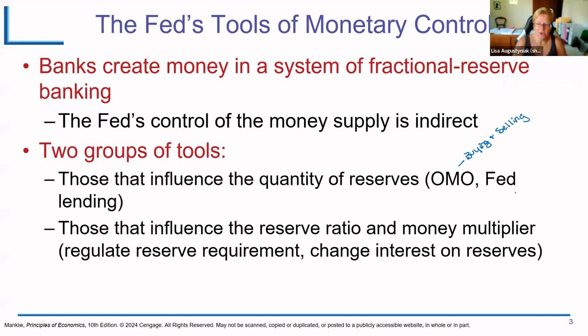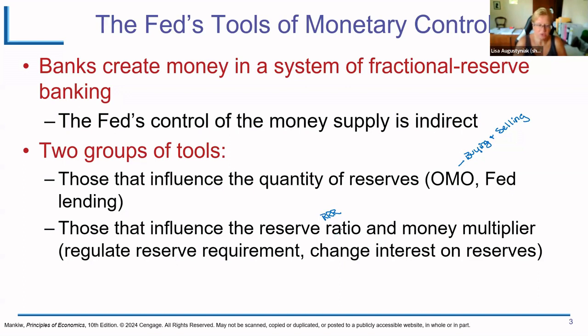They can also lend to banks at the federal funds rate. And if they increase that rate or decrease that rate, that will have an impact on the money supply. And we'll look at that in this objective. They can also influence the required reserve ratio, I'm just going to call it RRR, which basically says how much do banks have to hold at the Fed on deposit.